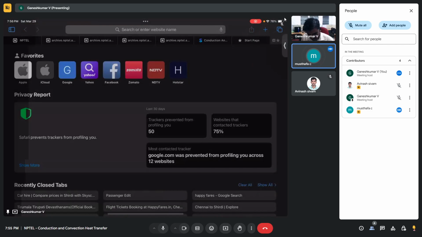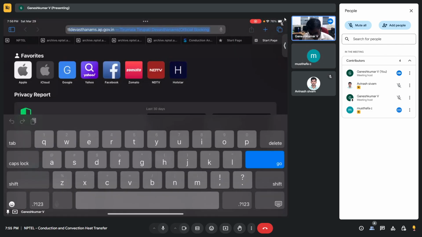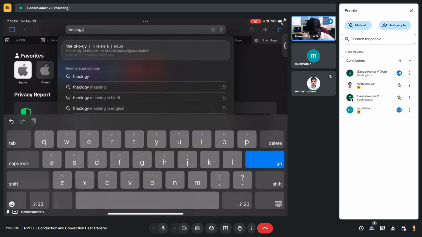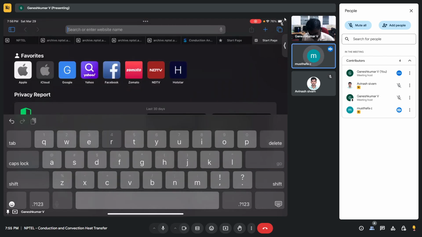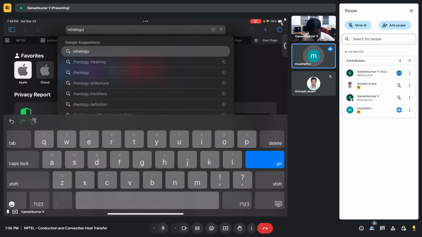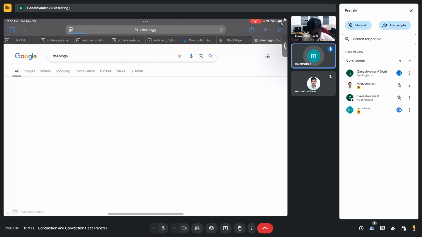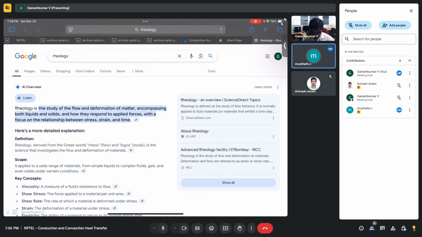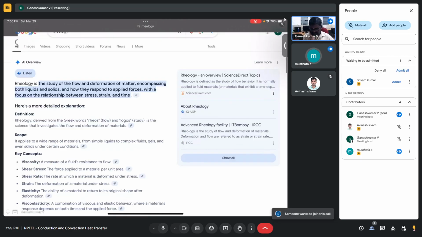Let me explain it a little bit carefully. Rheology is like the flow and deformation of matter. So basically, it has to do with stress and strain.